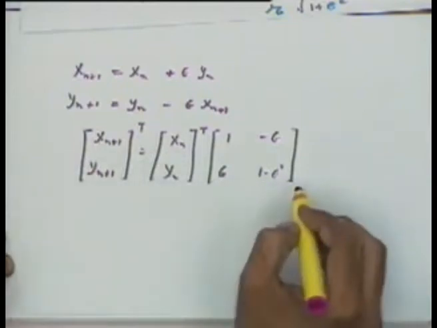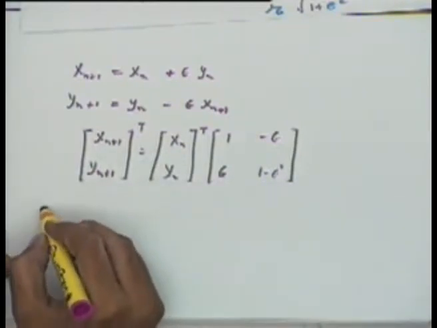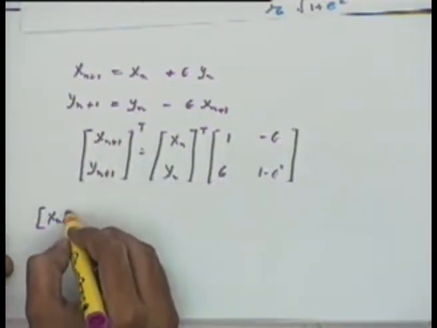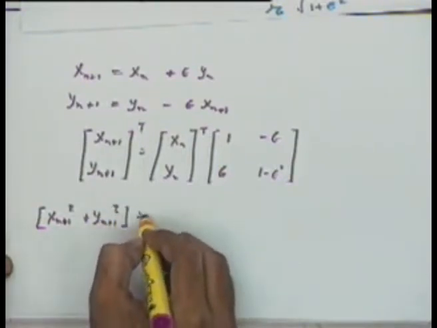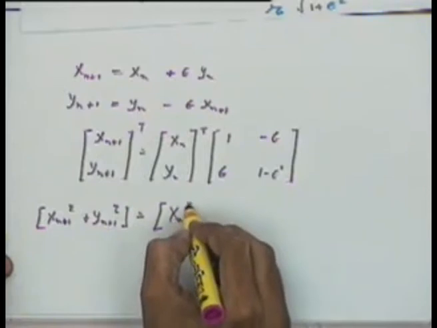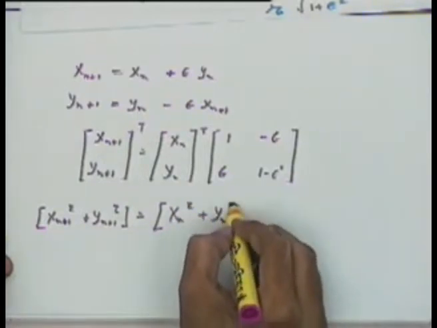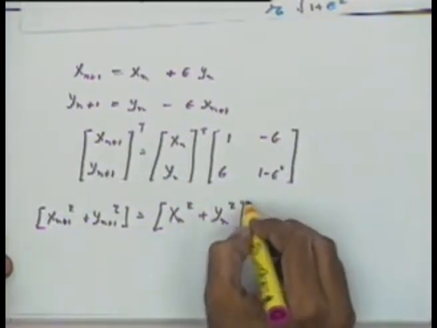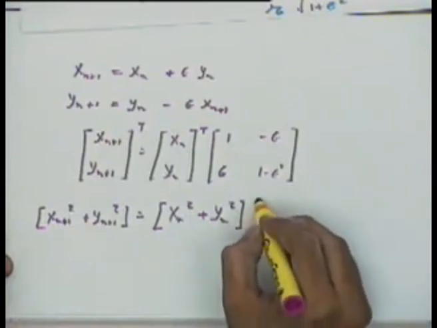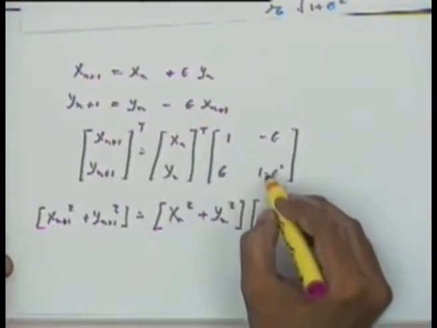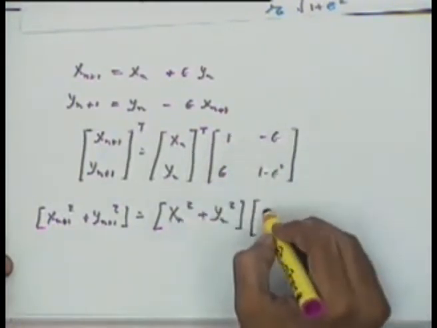Now if I look at the radius at this point, I will get this multiplied by the value of this determinant. What is the value of this determinant? 1 into 1 minus epsilon squared, minus this, which is 1.